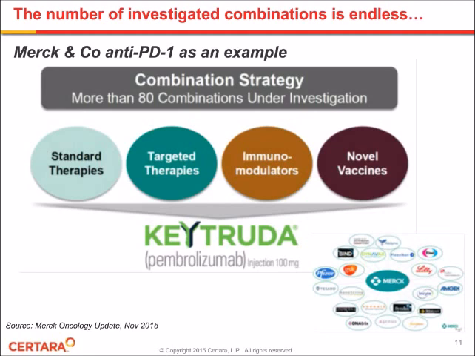Immunomodulators, other types of immunomodulators beyond PD-1 antibodies, as well as vaccines. So you can imagine trying to look at 80 different combinations is quite a challenge, and it can be envisaged that modeling and simulation can play a role in trying to optimize combination treatments and leverage data across combinations.